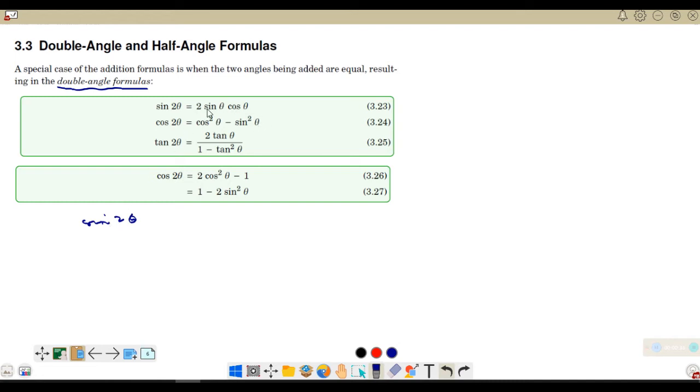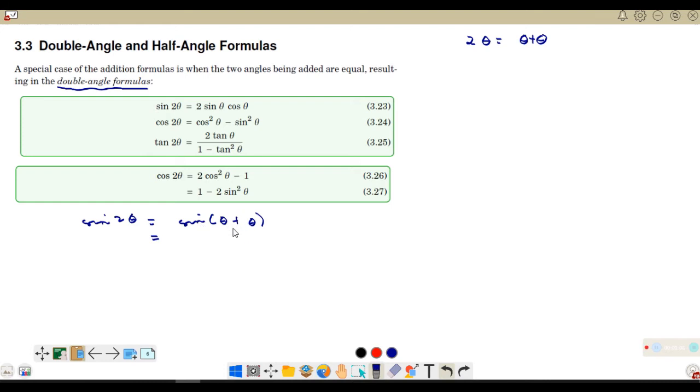So, paano nangyari na equal siya sa 2 sine theta cosine theta? Saan ba equal si 2 theta? So, si 2 theta ay equal sa dalawang beses ng parehas na angle. So, we have theta plus theta. Therefore, we can write this as sine theta plus theta, right?